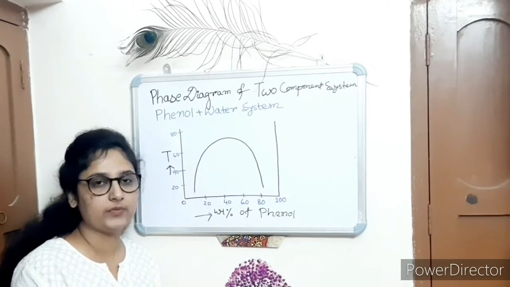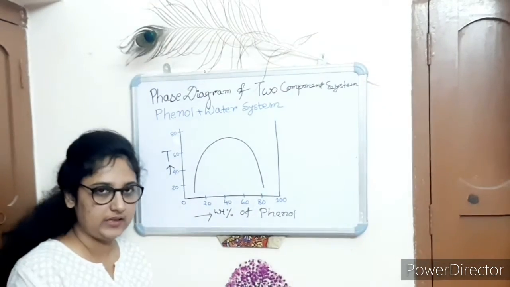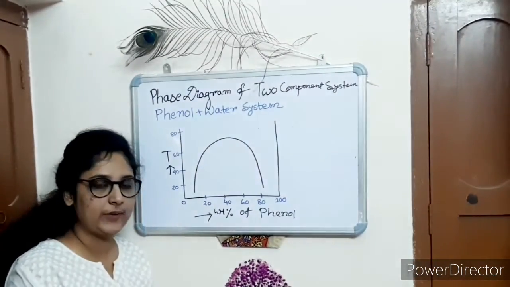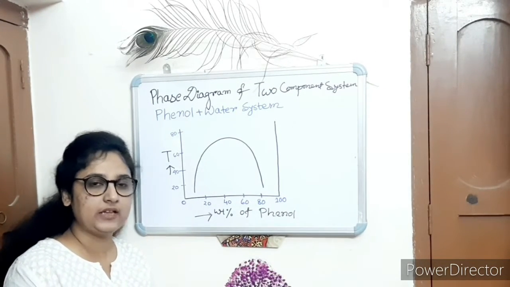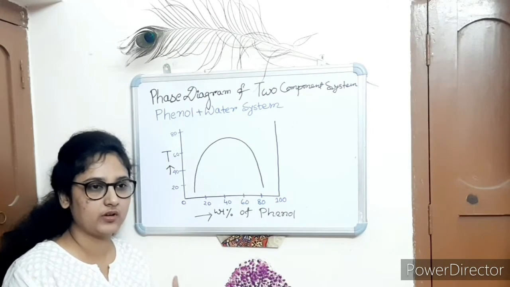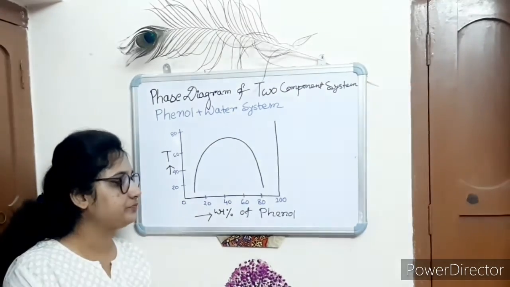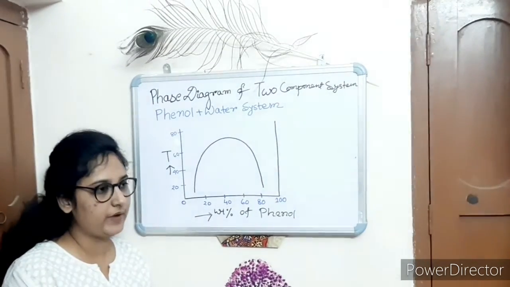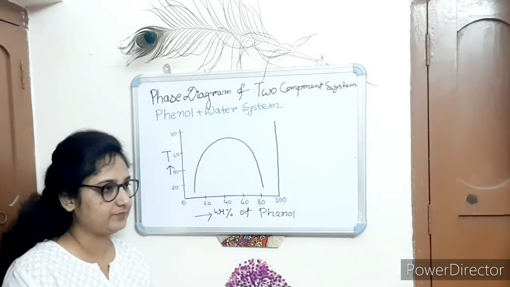As I am taking the phenol water system, in the x-axis I am taking the weight percent of phenol, and the variables are the temperature and the composition of the components present in the system. So here the pressure is fixed, so the variable is only T, and composition you can say as X.